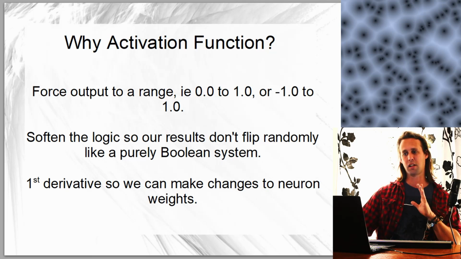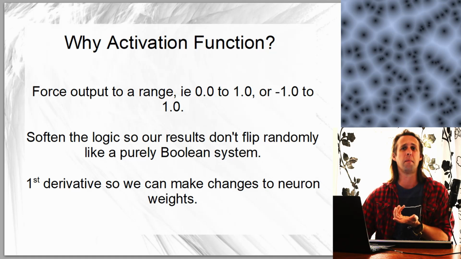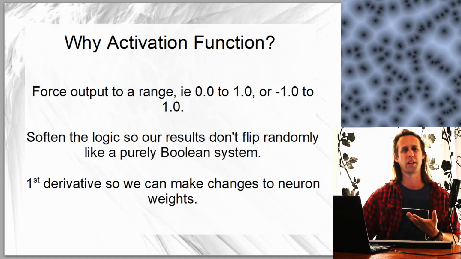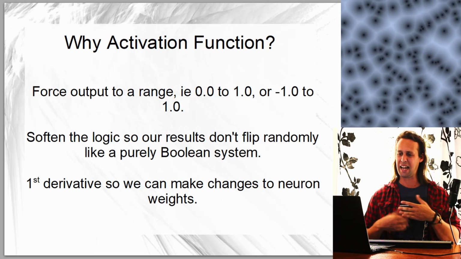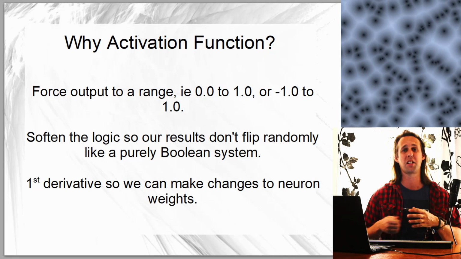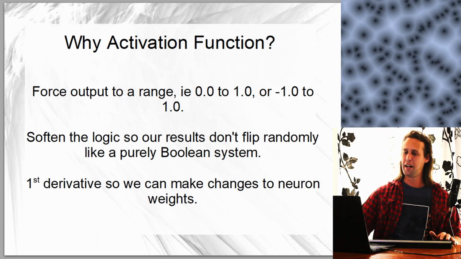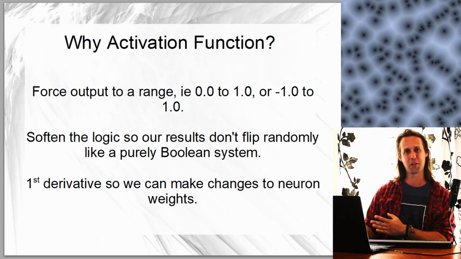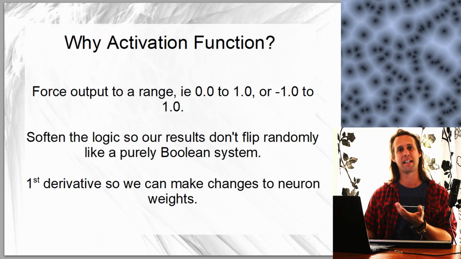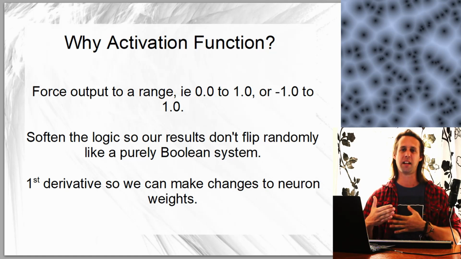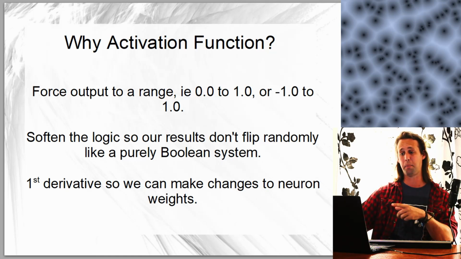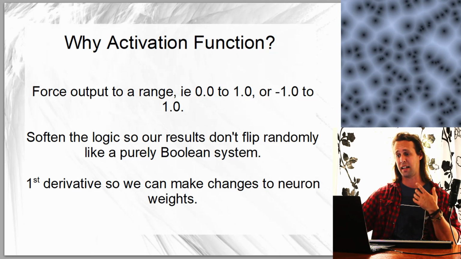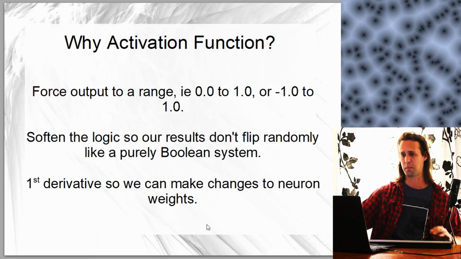So one of the ideas of the activation function is to bring that into the domain of real numbers and try and soften the logic a bit. Just make it so that it's not quite so brittle, so that we don't accidentally flip one little switch and suddenly we get everything wrong. We want to be able to approach the correct answer, or a correct answer, rather than just have things yes or no, black and white as Boolean systems do. So one of the important things that an activation function does is allow us that freedom to make things less brittle.